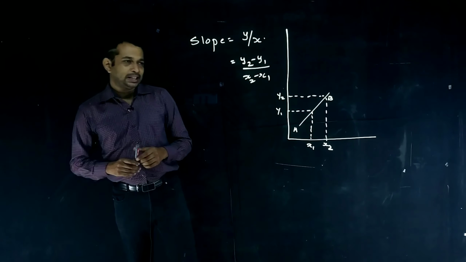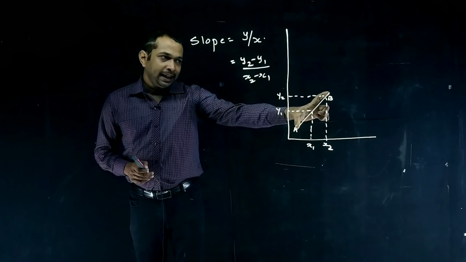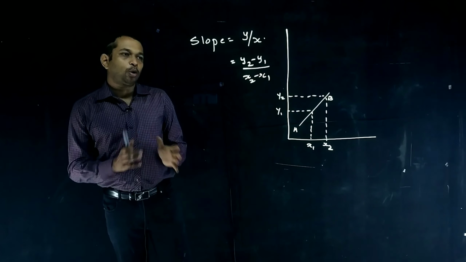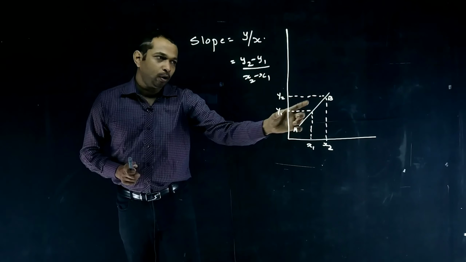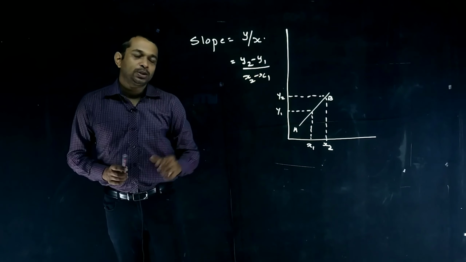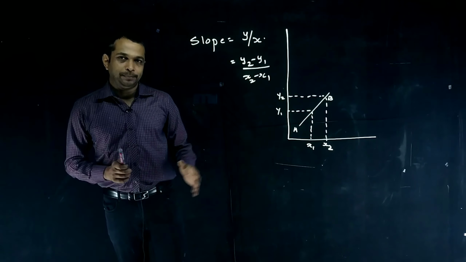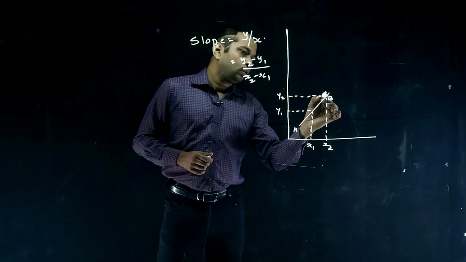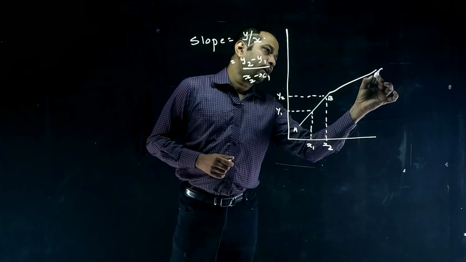And I don't have to explain to you that the line AB is of a constant slope. So wherever you are calculating the slope of this line AB, the value of y2 minus y1 by x2 minus x1 will be the same, right? Now let me take another line. Let me extend it to some point C.